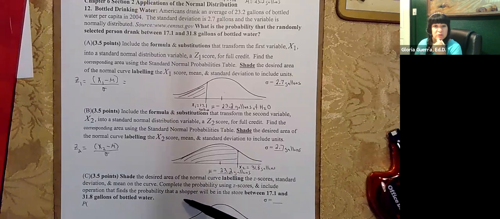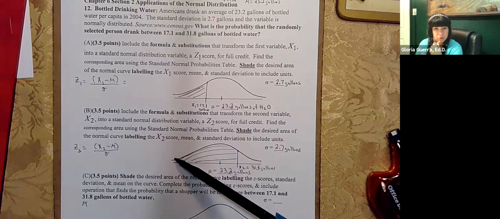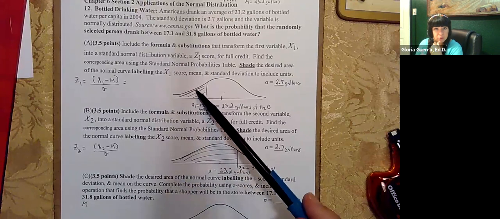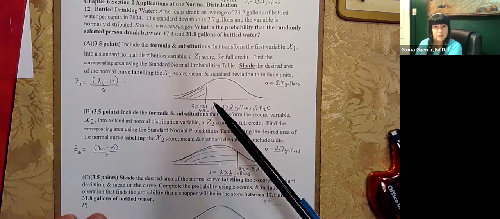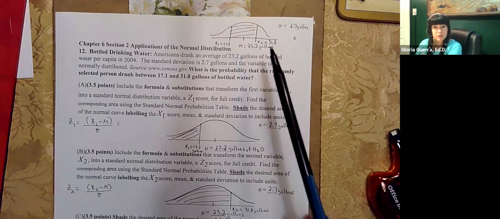When I do the tables at the bottom, I'm going to do the larger area minus the smaller area. And that gives you this piece here.